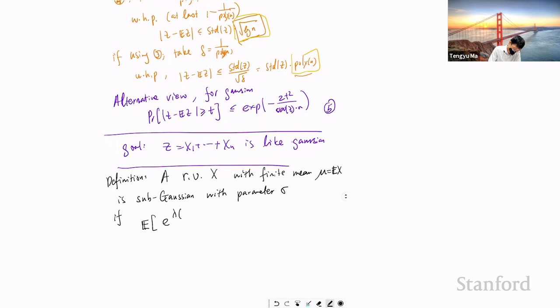Let me write it down. It's not very intuitive when you first look at it.